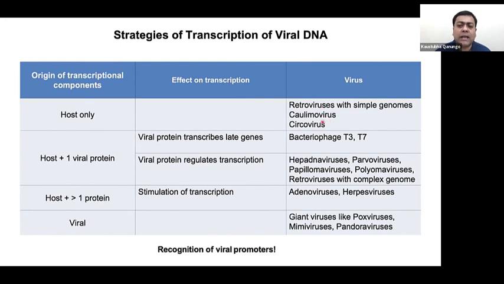These just have 5 to 7 genes, less than 10, and they only use the host factors as their transcriptional components. So all their transcriptional regulatory domains are bound by the host transcriptional proteins.